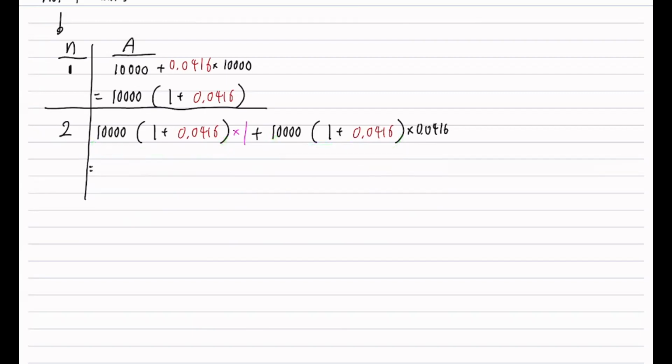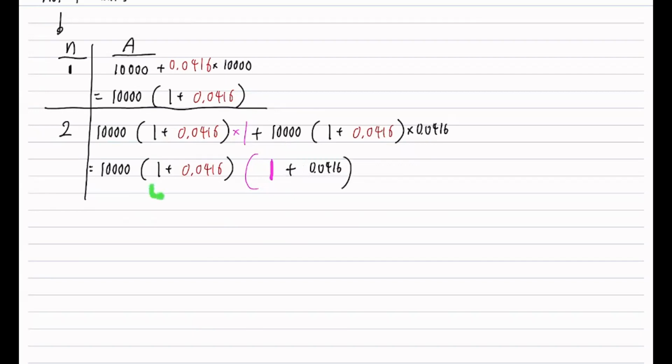Then you can factor out. Once you factor out, what are you left with? You're left with this, which is your original amount after the end of 1 month, but you now have to add on the interest. After you factor out this common factor, you're left with 1 plus that interest from before. Close the bracket.